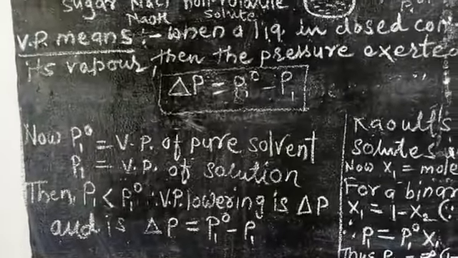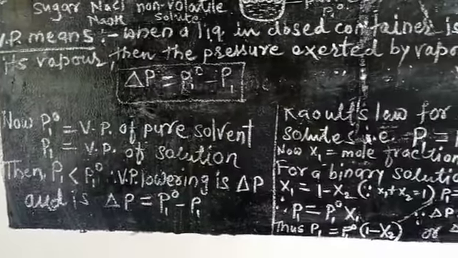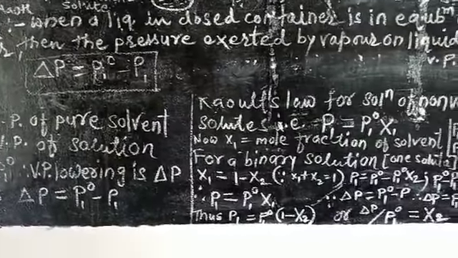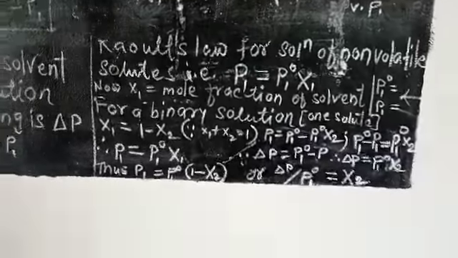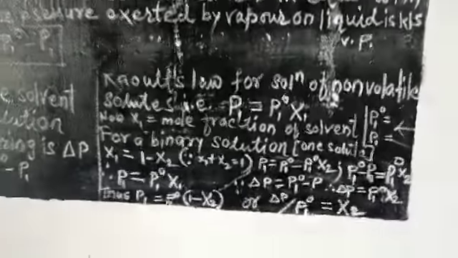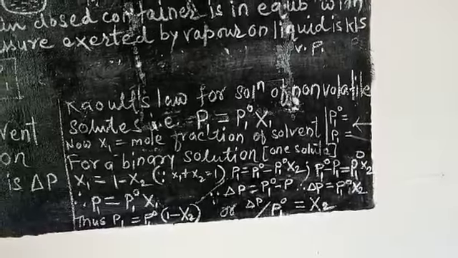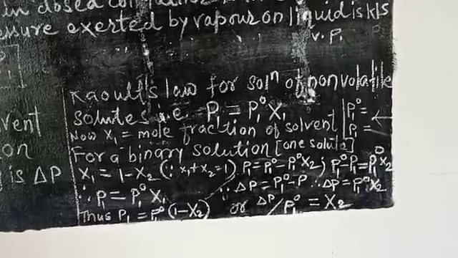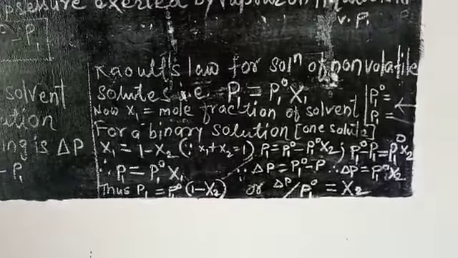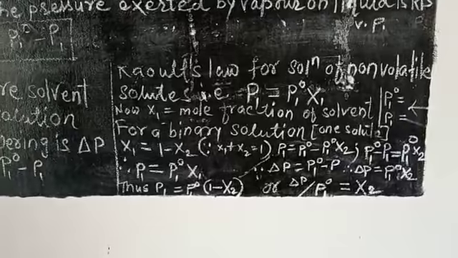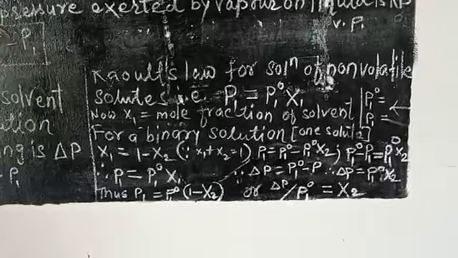This is one expression for you, and based on this expression we will study Raoult's law. We have already studied Raoult's law for volatile components, but when we studied that, both the components, solute and solvent, were volatile.